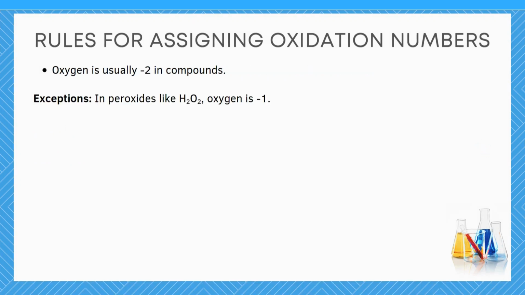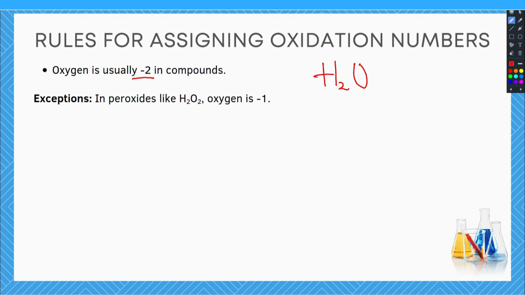Next rule is that oxygen is usually -2 in compounds. For example, let's say you have water, H2O. What this is simply telling you is that the oxidation number of oxygen in this compound is -2.